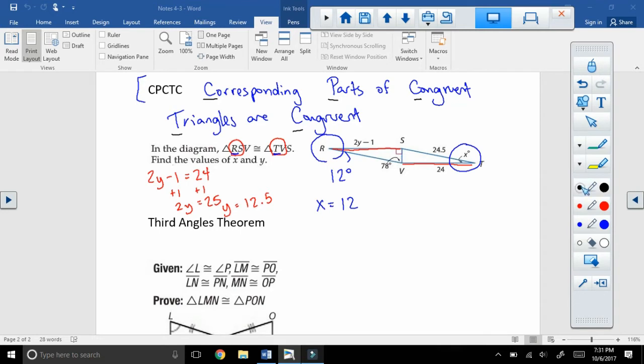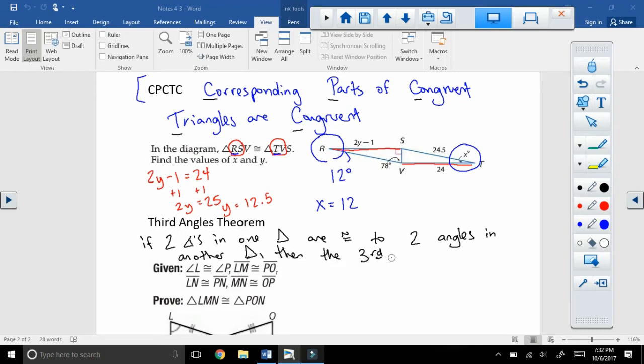The third angles theorem says that if two angles in one triangle are congruent to two angles in another triangle, then the third angles are congruent.